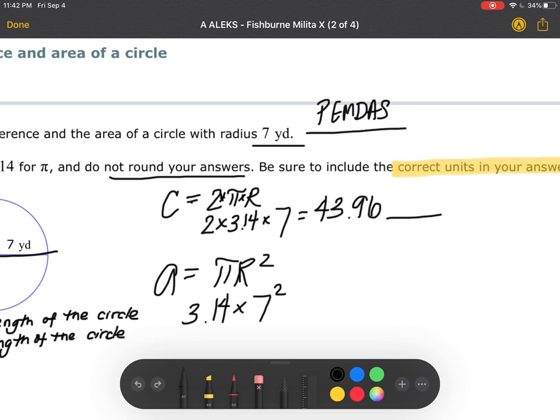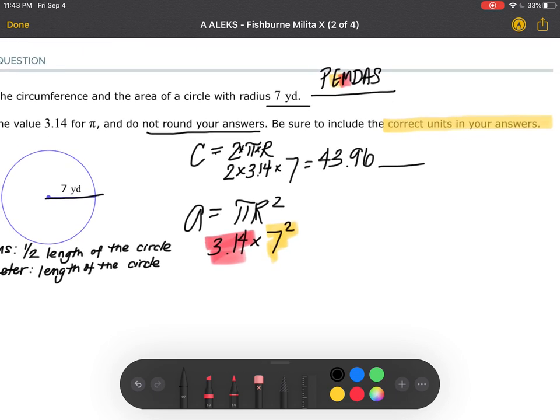So this is where we need to talk about PEMDAS real quick and why it is important to know your order of operations when you do this. Some people just decide to go left to right because they're like, oh, it's just multiplying. Not quite. Remember, PEMDAS tells you to do your exponents before you multiply. So you need to do your exponents before you multiply.